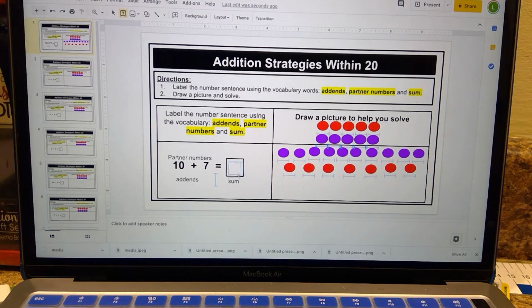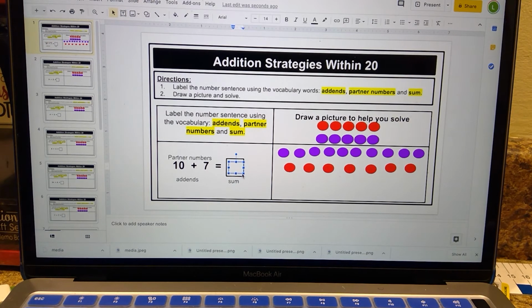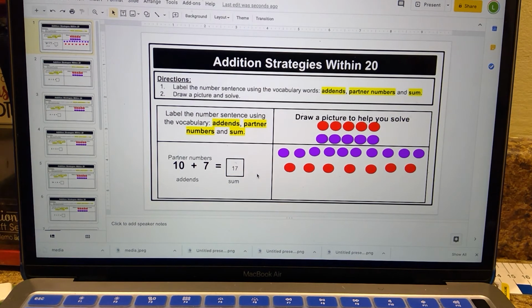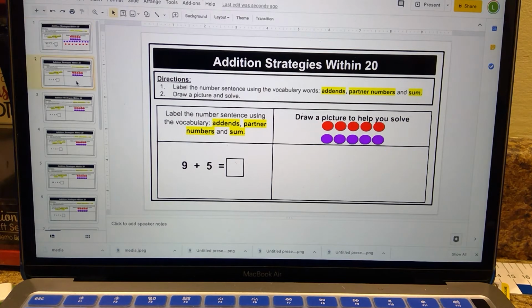So I'm going to draw my text box in here again. And I'm going to write the number 17. And I have completed that problem. Okay? Let's see how well you understand what to do. We're going to do a problem together, but you're also going to try it on your own as well. We have the same directions for slide 2.